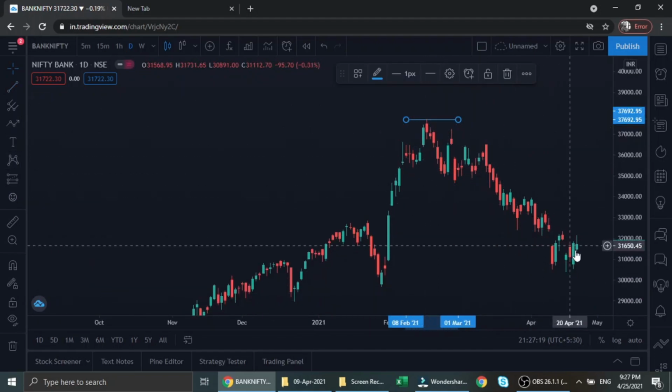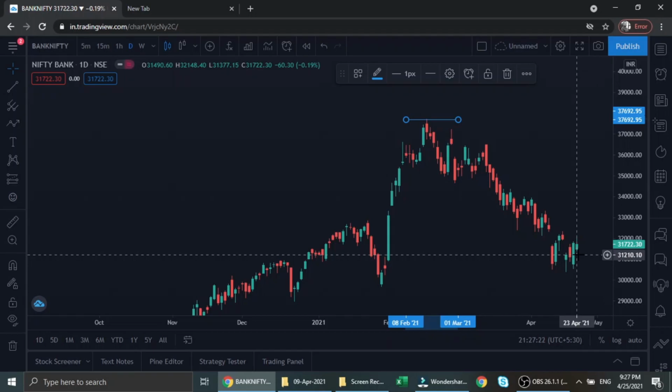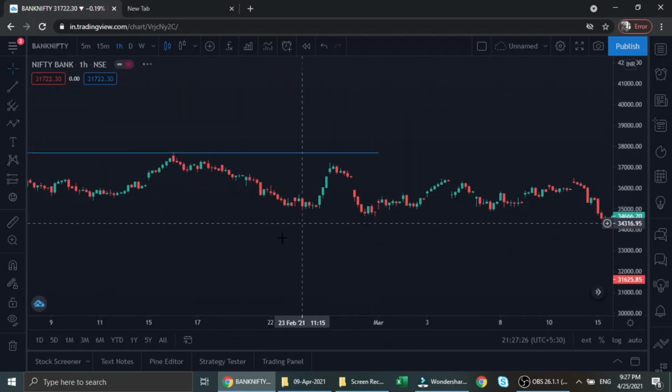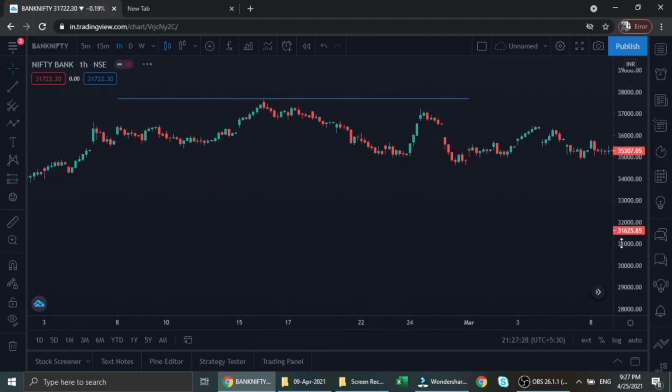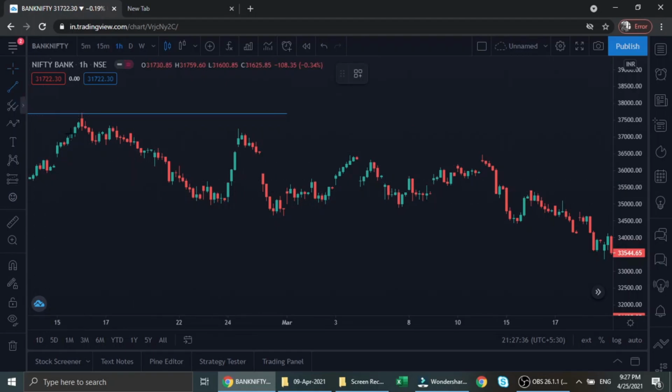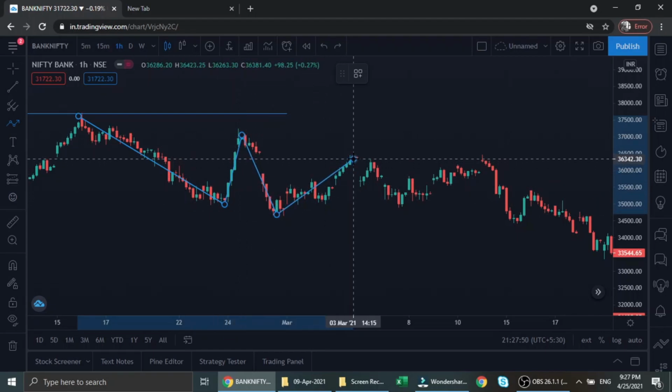Let's see how it has gone down in hourly time frame. So I'm going to draw swings in hourly time frame. From this high to this low is one swing. This is one swing. This is one swing.